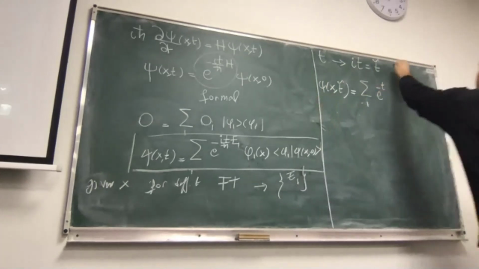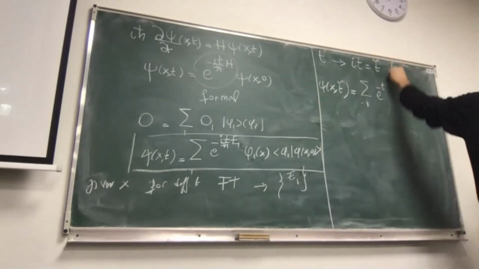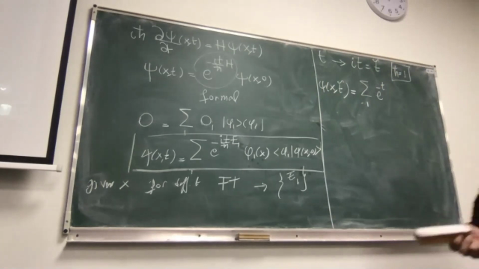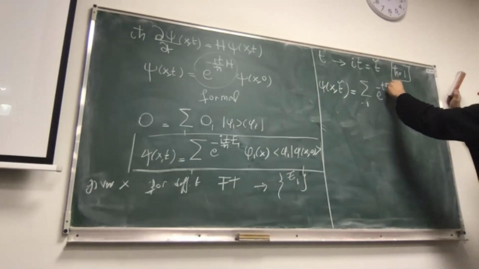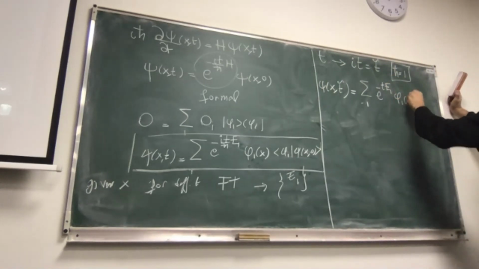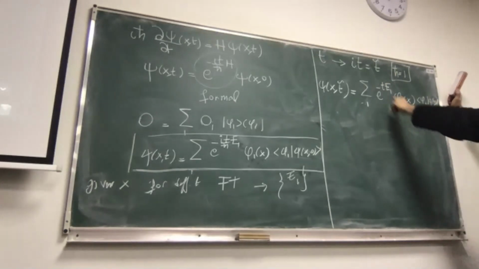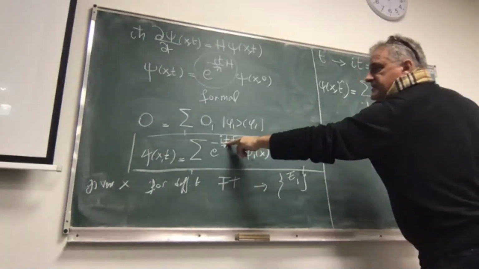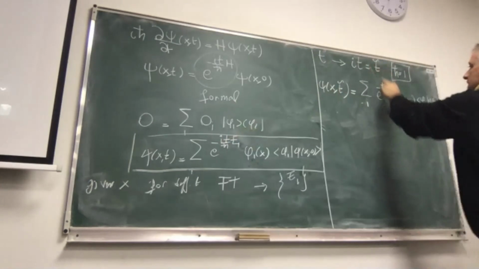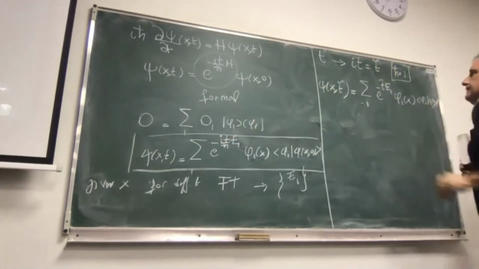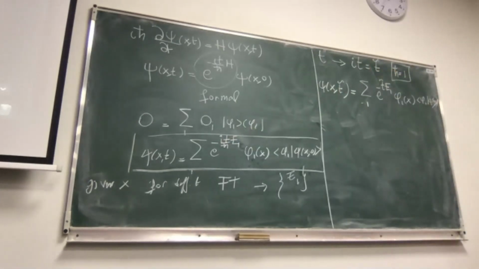Now I will make h bar equal 1, because in atomic units h bar equals 1, and we always use h bar equal 1. You just replace it by t tilde, and we can forget about the tilde after that, and call it t.